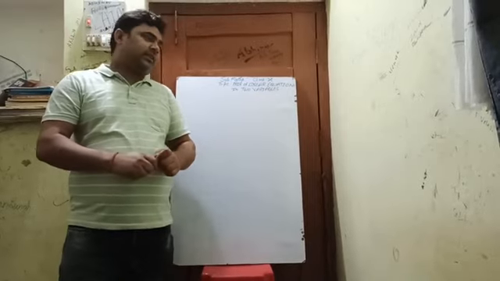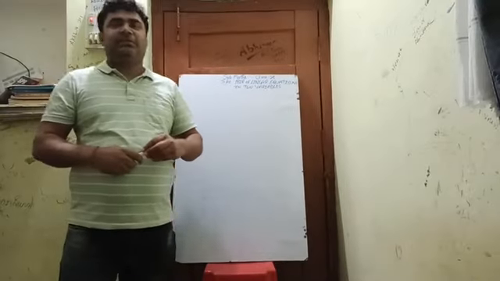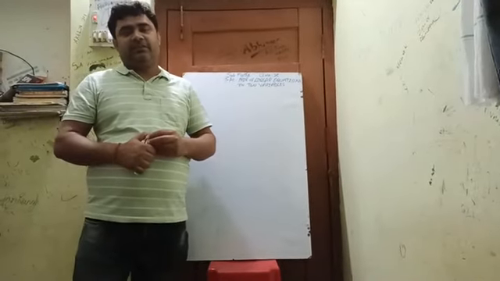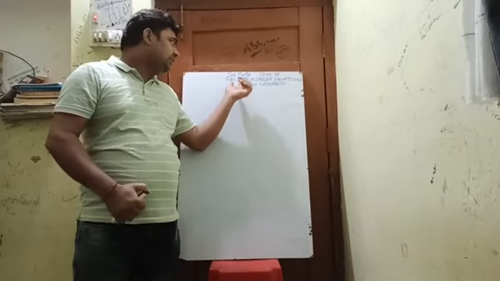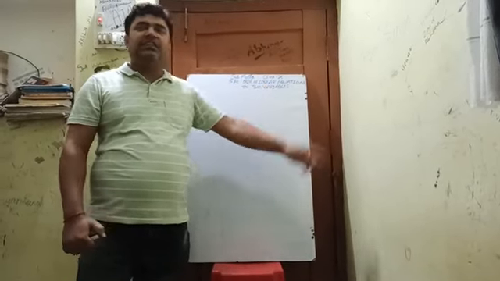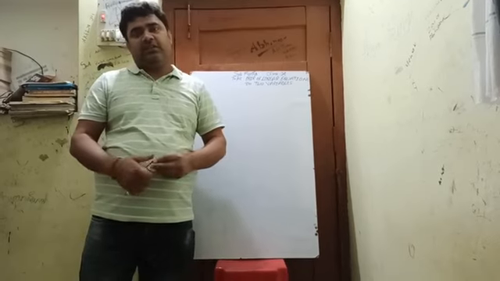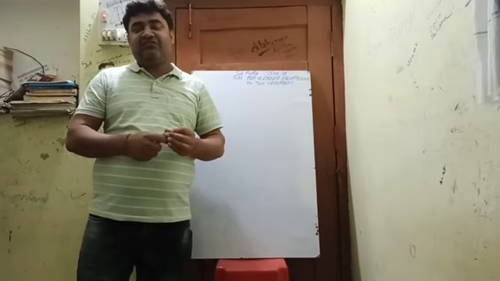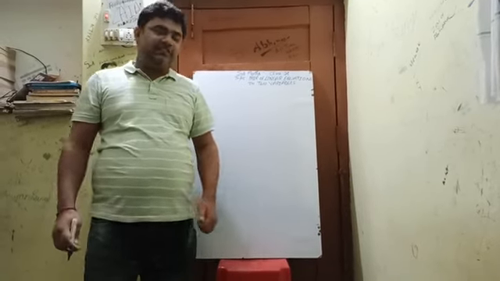Well, after completing chapter 2, chapter 4 and chapter 5, now we will start our chapter 3, pair of linear equation in two variable. So what is linear equation in two variable? We will see here.